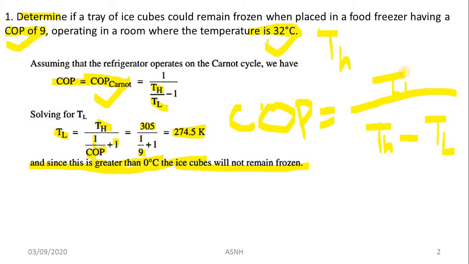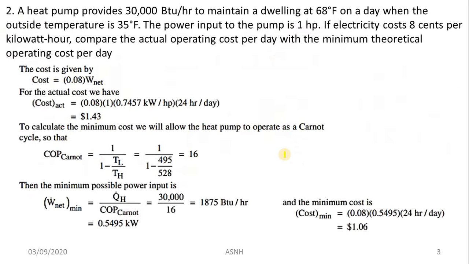By putting the values, TL is around 274.5 and TH is around 305, and you will get the COP as around 9. So you can check that the answer is correct, and its value is definitely more than 0, so the ice cube will not remain frozen. So this is a numerical where we can calculate the lowest temperature as well.